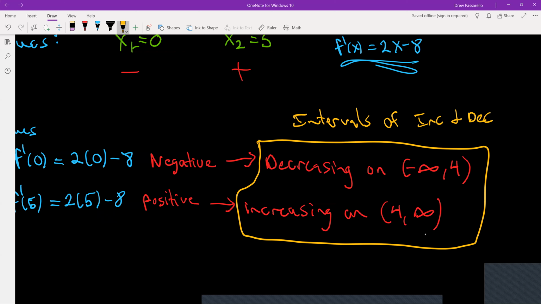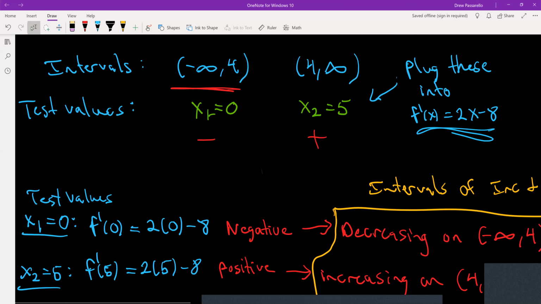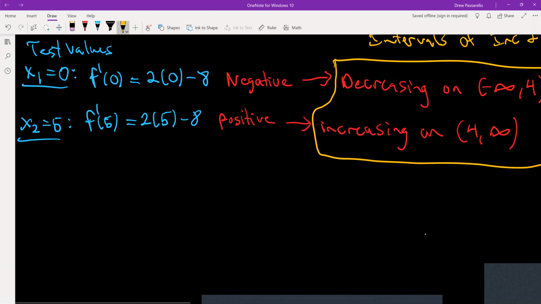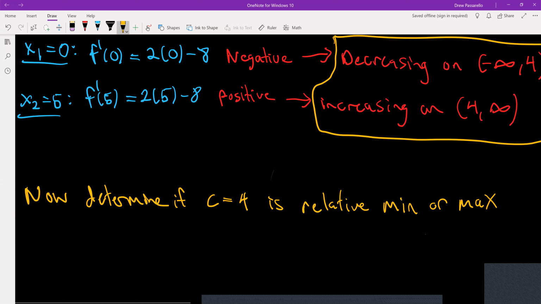Now I just need to find if the critical number is a relative min or a relative max. So now determine if c equals 4 is a relative min or max.